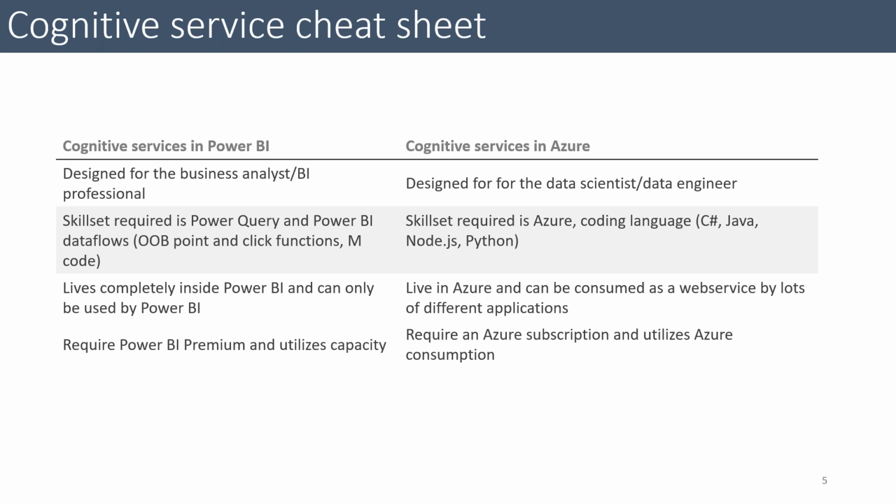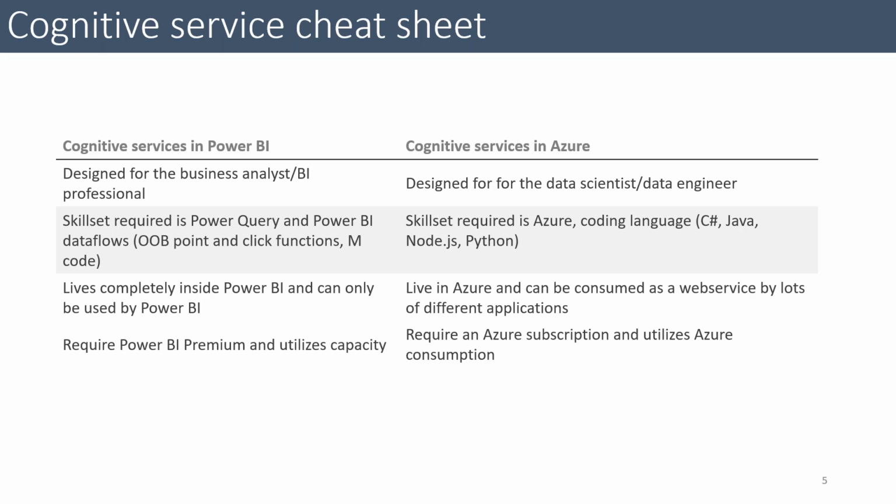Cognitive services in Power BI is really designed for the business analyst, the BI professional. It's for someone who leverages tools like Power Query, Power BI Dataflows. They want to use these out-of-the-box point-and-click functions that generate M code behind the scenes, and they only want to really work inside Power BI. So this is important because in this case, cognitive services are restricted to the data that we have in Power BI.